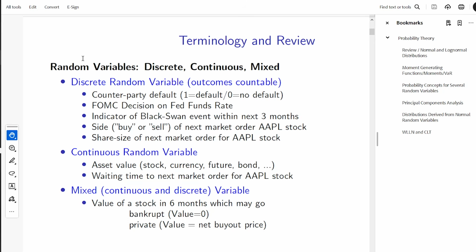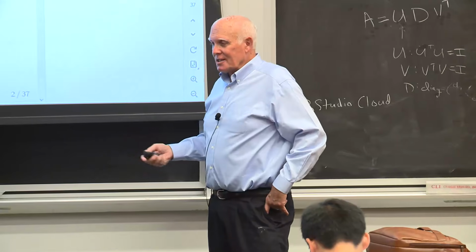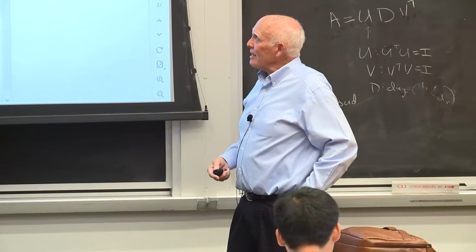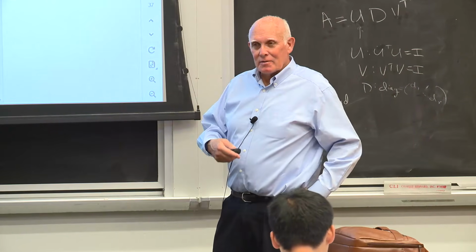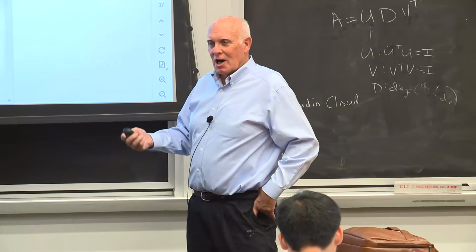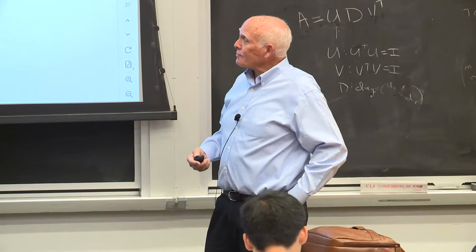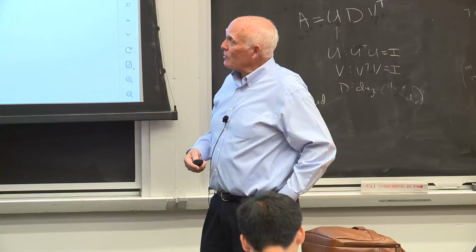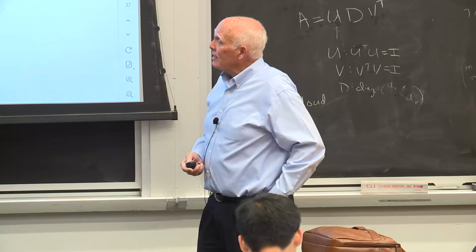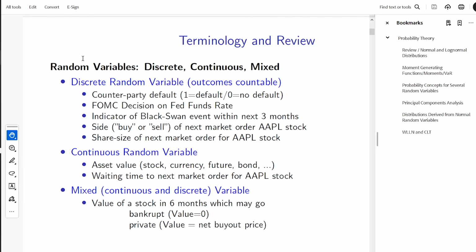In thinking of individual stocks and their intraday dynamics, one can think of different orders to buy or sell coming in at random and wondering what side those would be on. Also, perhaps the share size of the next market order.